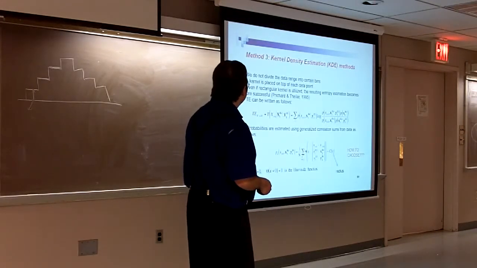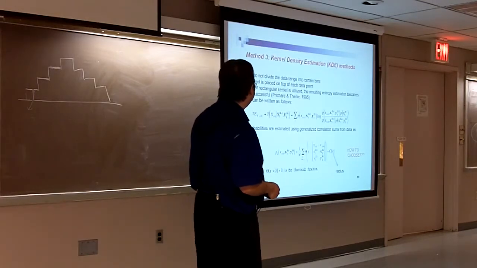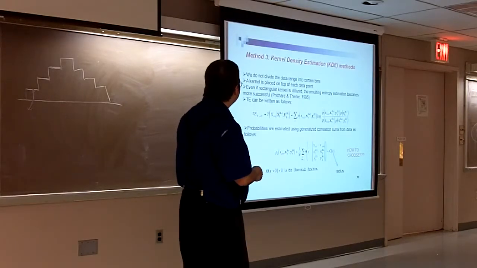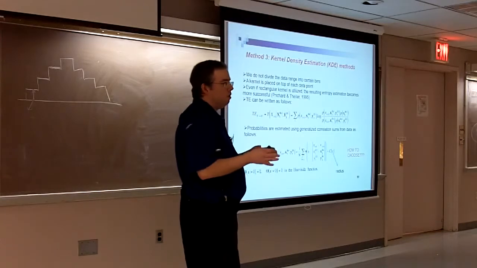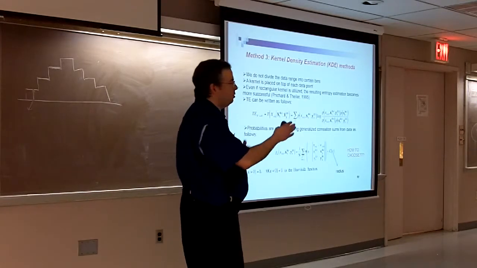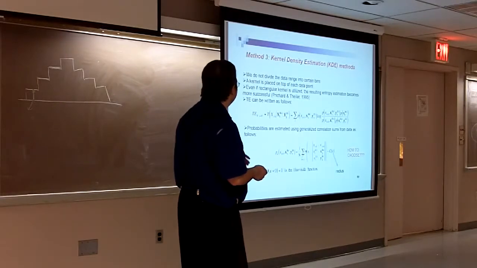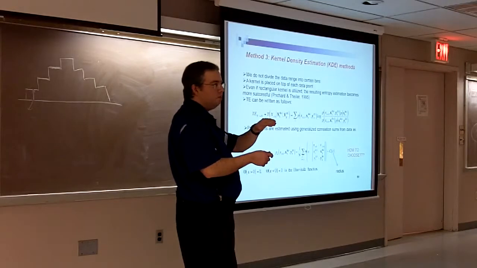The other method is kernel density estimation. In this way, we do not divide the data into ranges as in histogram or adaptive partitioning methods. Instead, you place a kernel on top of each data point.